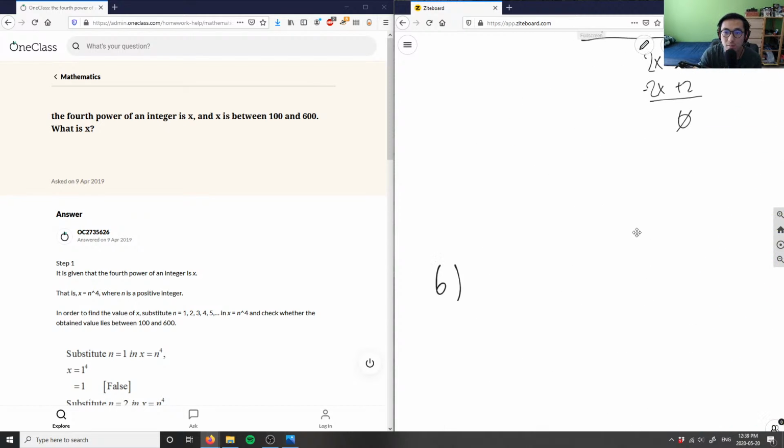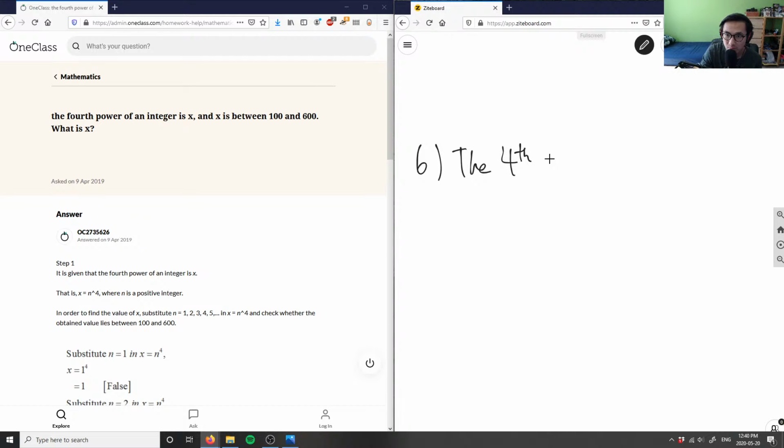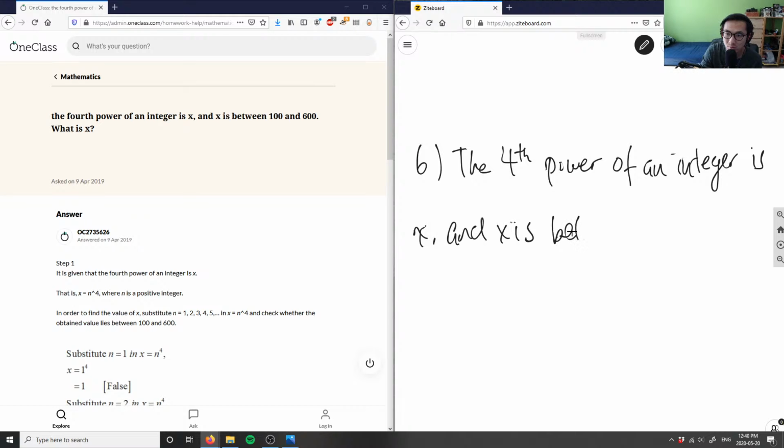Okay, so the fourth power of an integer is x, right? And x is between 100 and 600. So first I'm going to write this down: the fourth power of an integer is x, and x is between 100 and 600.